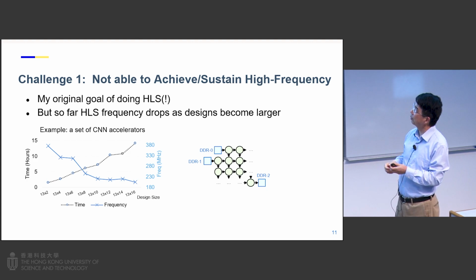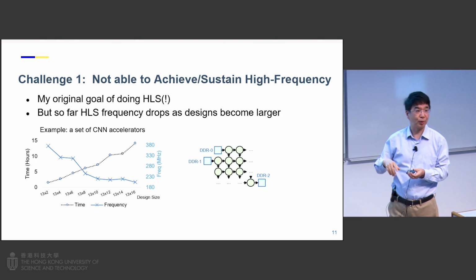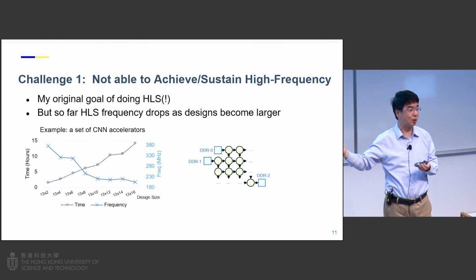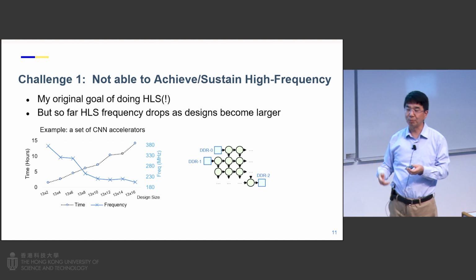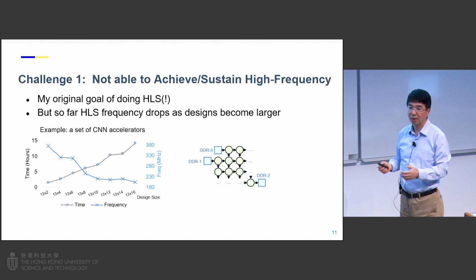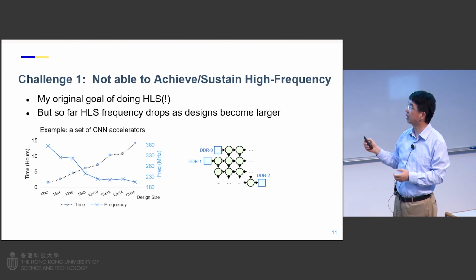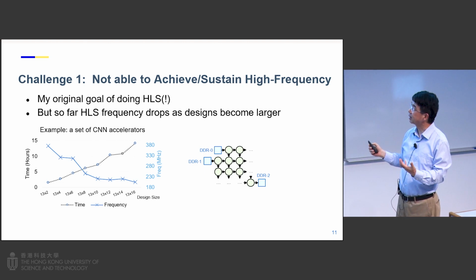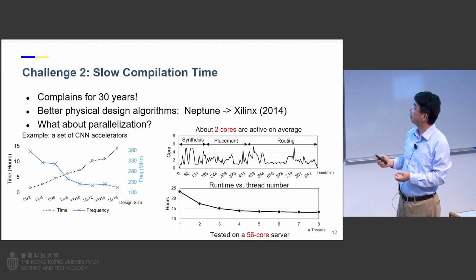And also, the runtime is horrible. For those of you who are in a rush to submit a paper to FPGA or DAC, you know that you have to literally wait 10 hours, 15 hours for the place and route to finish. So scalability is a problem.